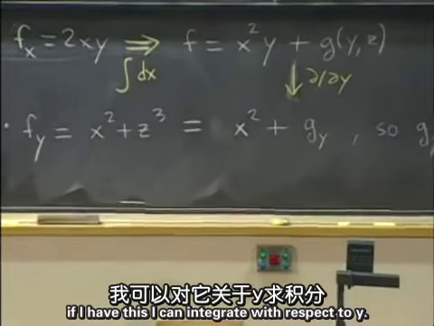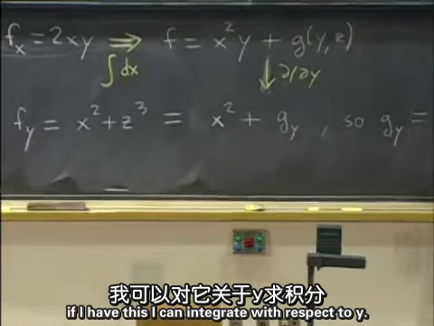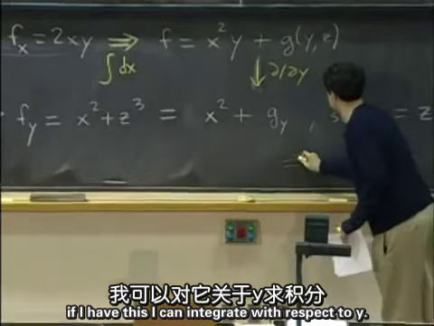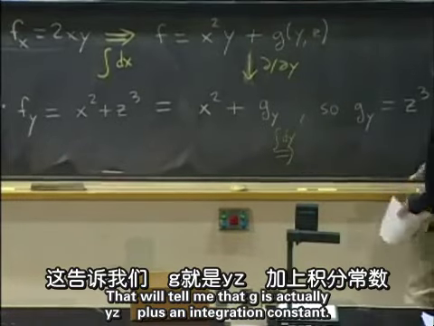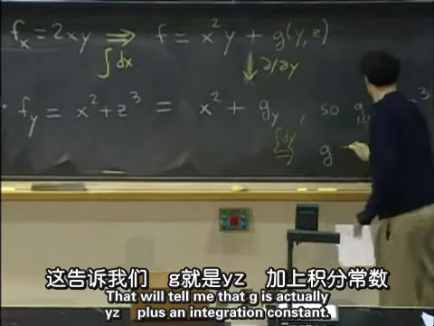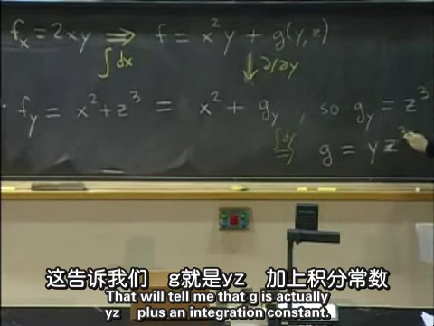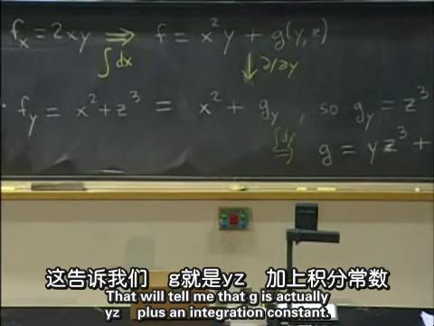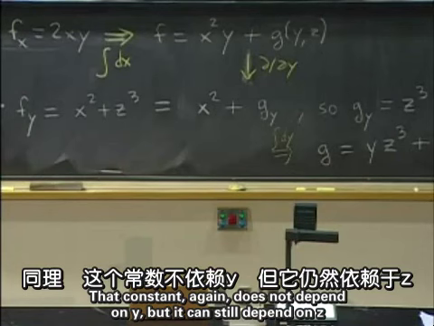So now if I have this, well, I can integrate with respect to y, and that will tell me that g is actually yz cubed plus an integration constant. That constant, again, does not depend on y, but it can still depend on z, right?